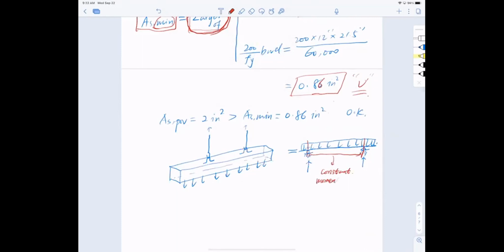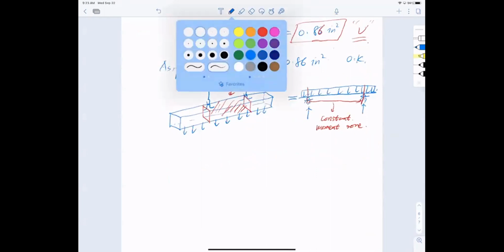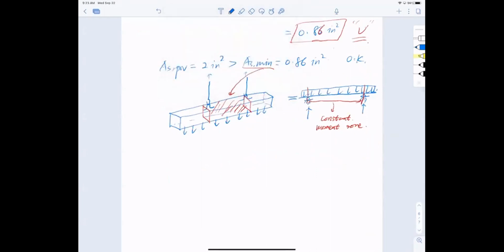You should have learned that from mechanics of materials class. This is where mostly the crack will happen. So As min is simply to ensure there's no crack in these sections. Now, with no cracking, I can lift my beam anywhere I want, which is perfectly fine.